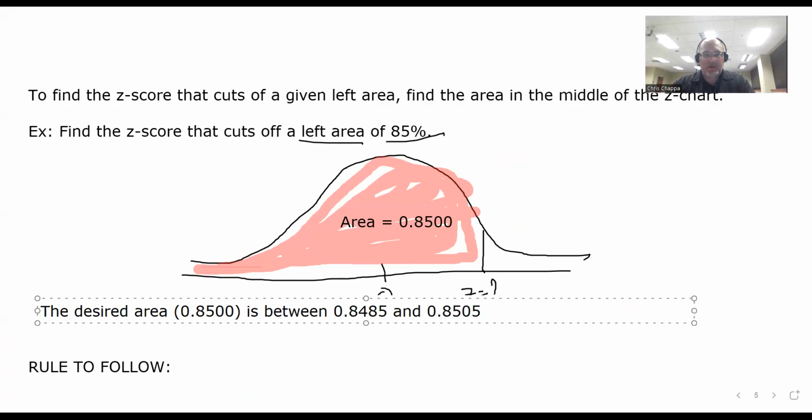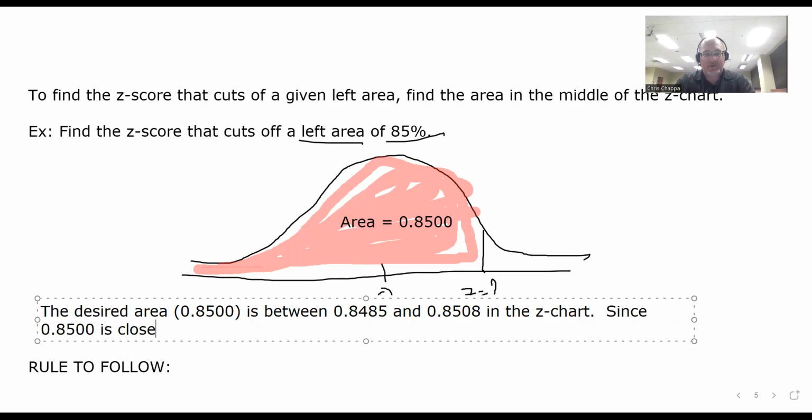Let me go check real quick. 0.8, okay, in the z-chart. Since 0.8500 is closer to 0.8508, we use the z-score for 0.8508, which is z equals 1.04.